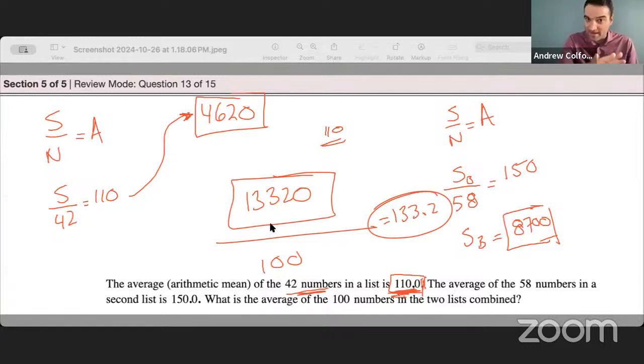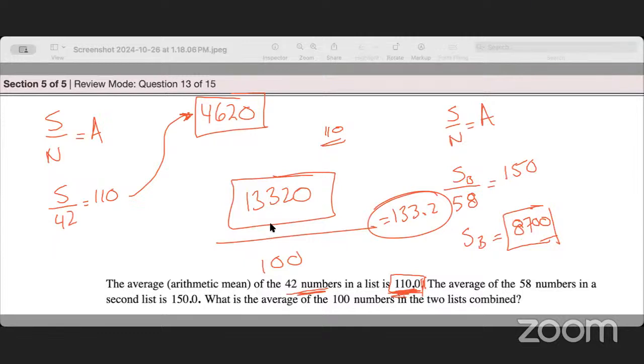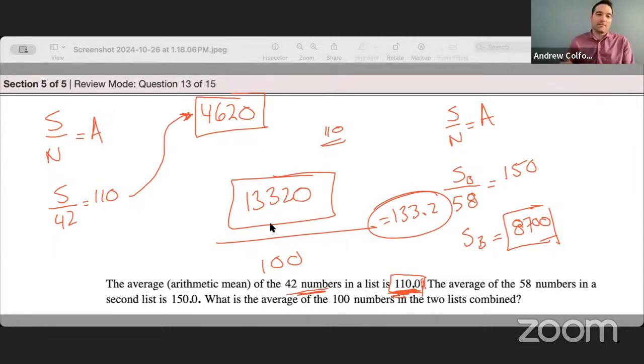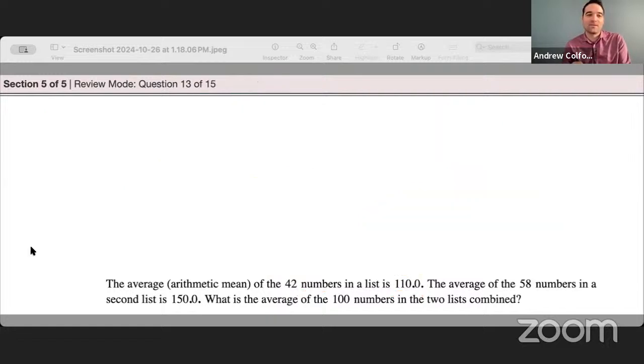Any questions about that? No, that makes sense. Thank you so much. Now I'm going to ask a follow-up question because this comes up a lot. I assume this one was numeric entry, like you had to type in your own. Yes, exactly. Let's pretend this was a quantitative comparison question.